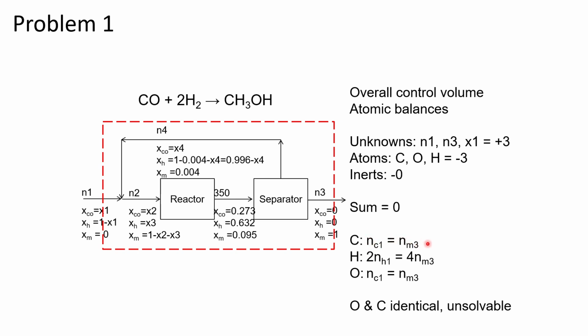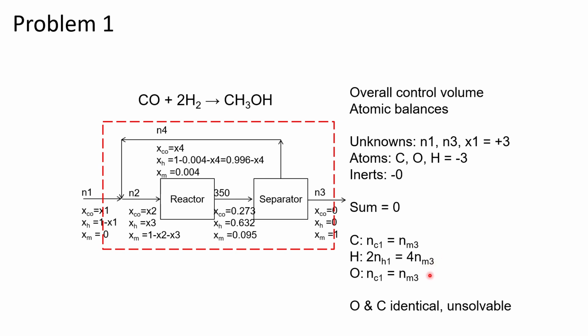We're going to set that equal to the number of moles of carbon that exits. So if we look over here, methanol exits here. The flow rate of that methanol in the stream we're going to write as NM3, and for each molecule of methanol we have 1 carbon, so we'll put a 1 in front of it. So our carbon balance is a statement that NC1 equals NM3.